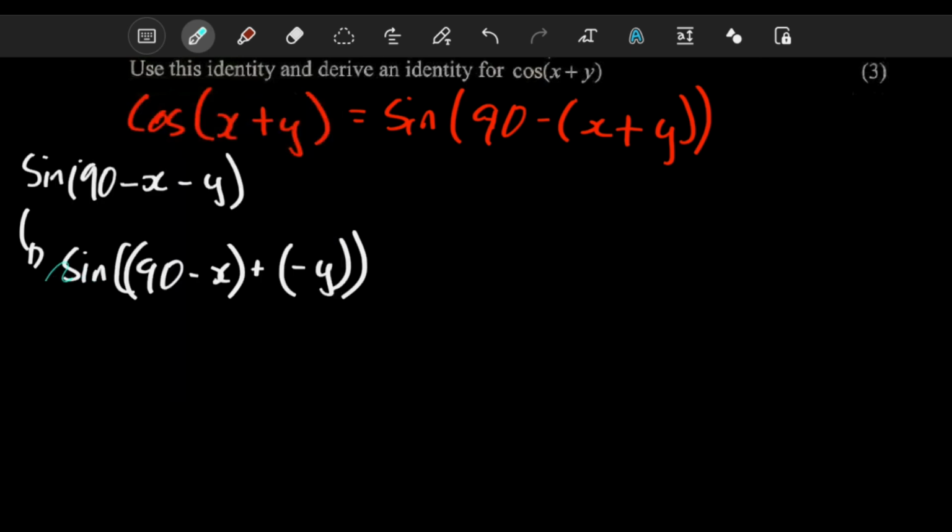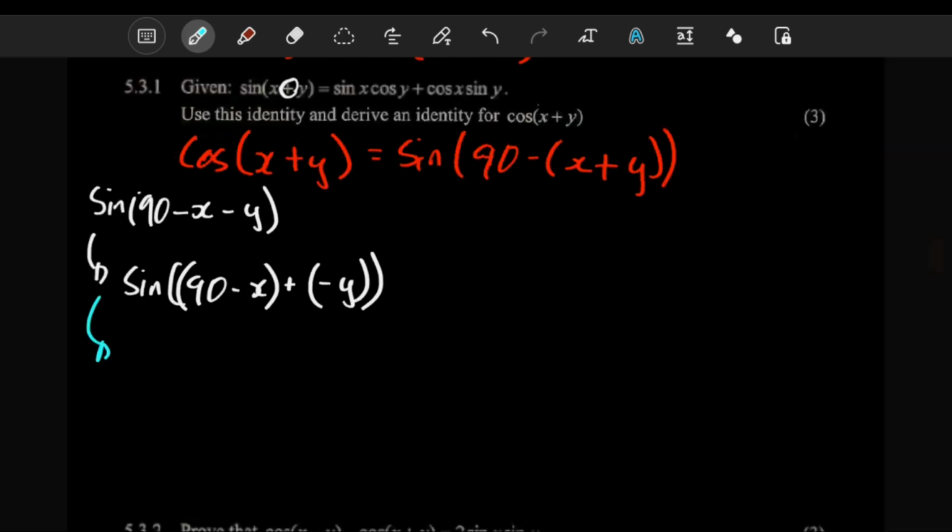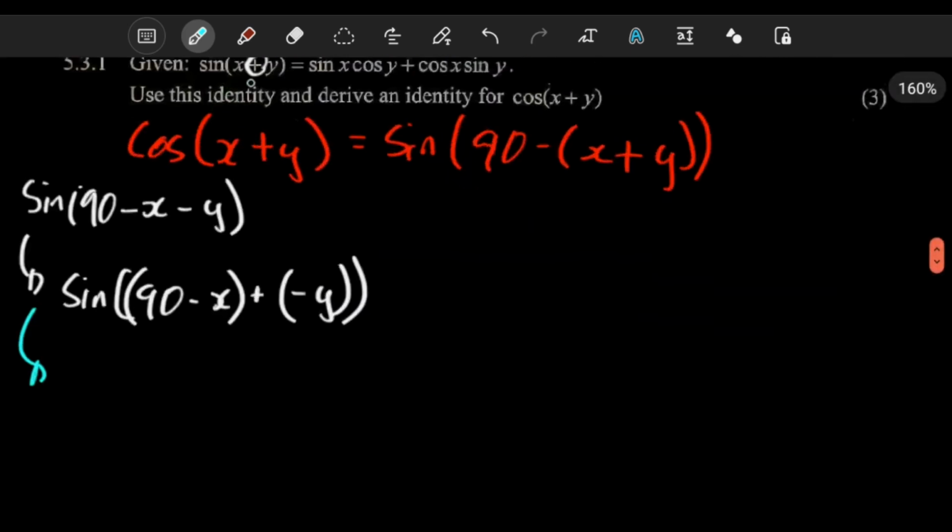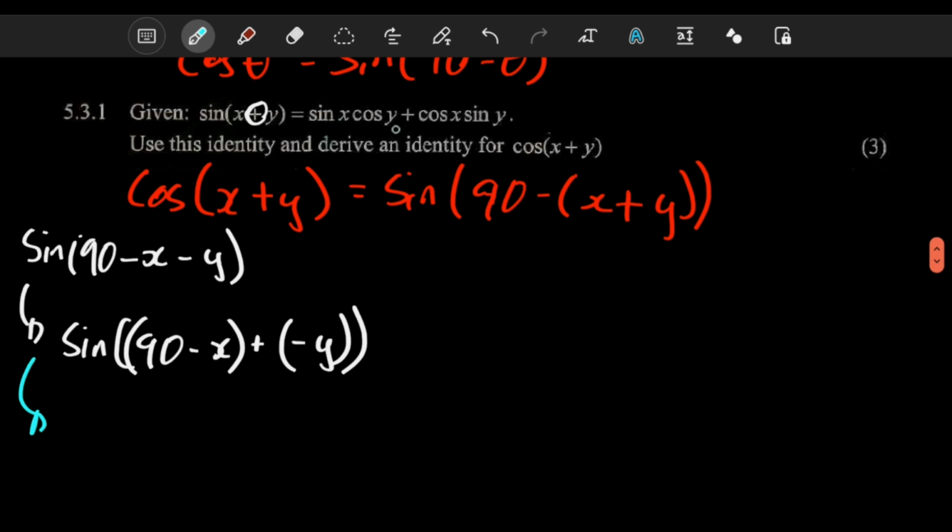So here, using your formula, you already know that sine(x + y) is the same as sine x cos y + cos x sine y. So here you're going to put sine x, which in this case represents sine of (90 minus x).